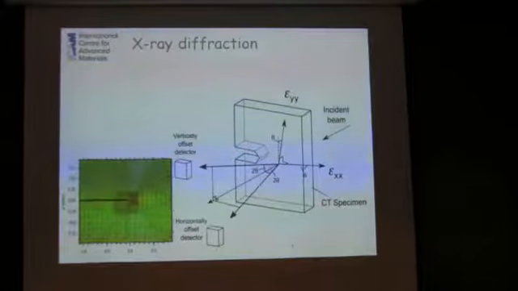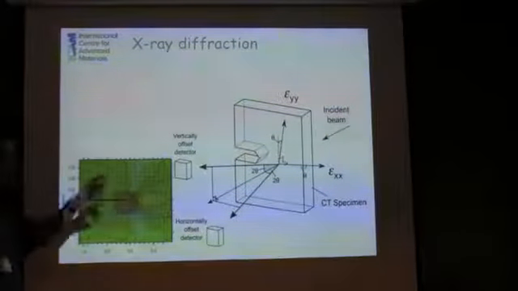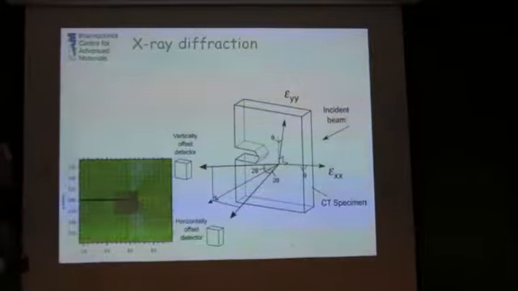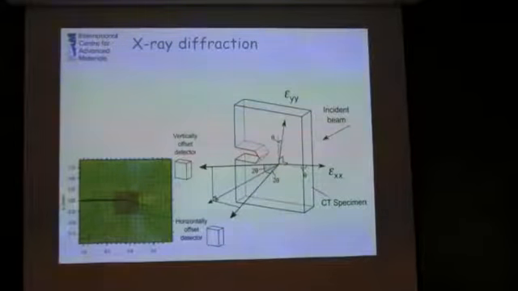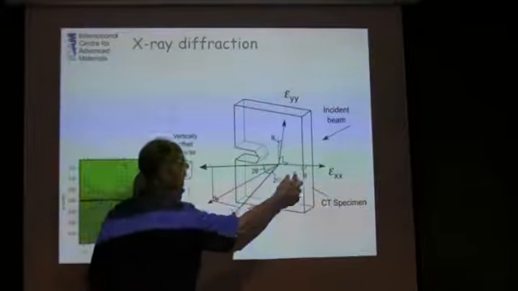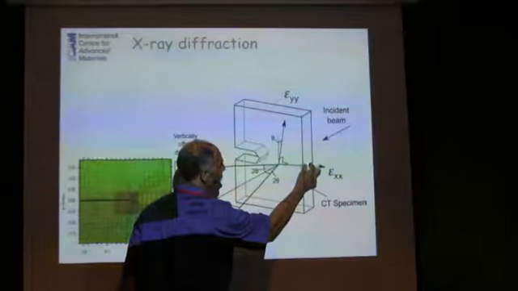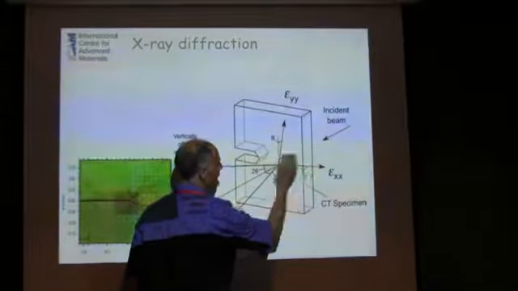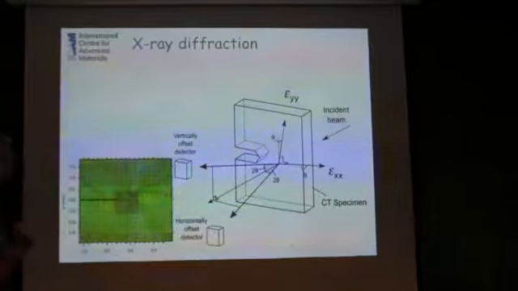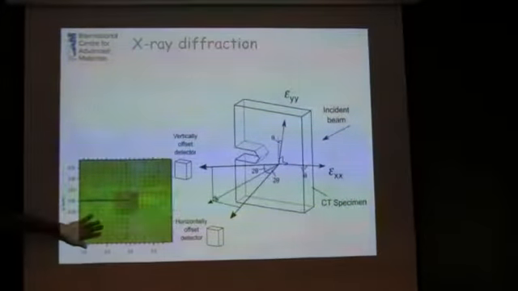So by scanning and by using slits to control the exit beam, we can have a beam that is a number of microns wide, maybe 20, 30, 40 microns wide, and because of the way we stop it down, we end up with a beam that is about 1 millimetre to 2 millimetres long. So we can take a little parallelogram, which is 2 millimetres long and tens of microns wide. And we can then scan the sample.